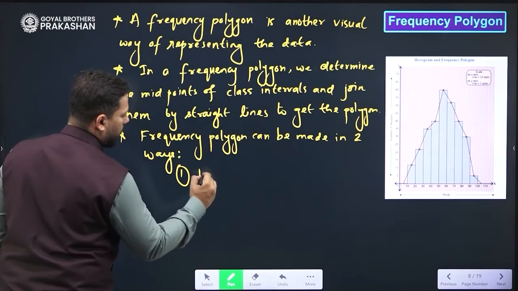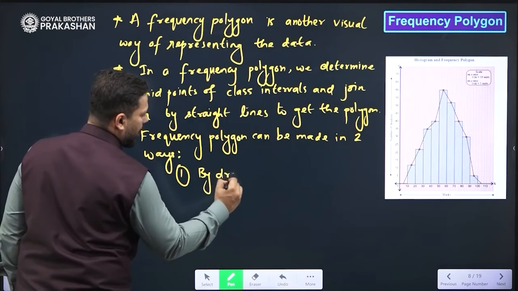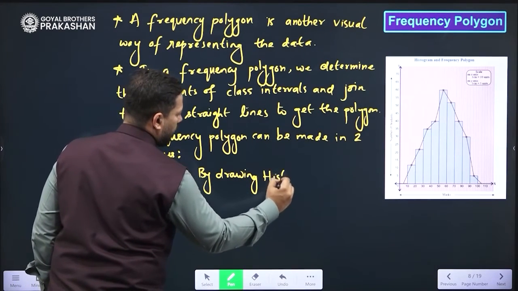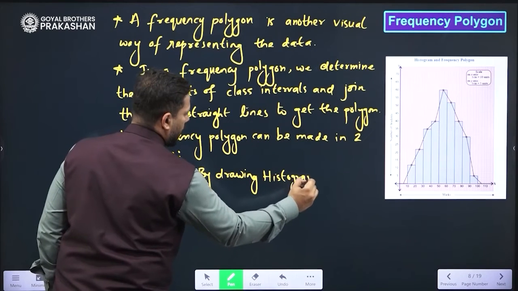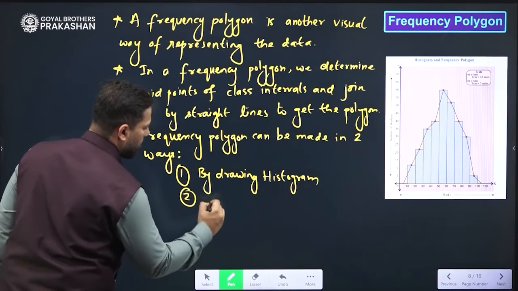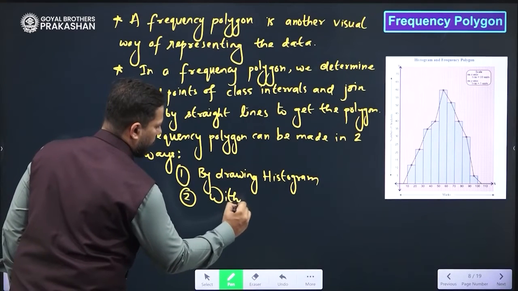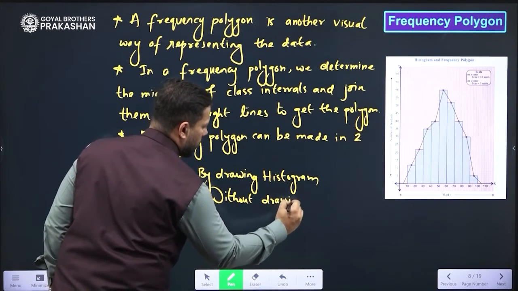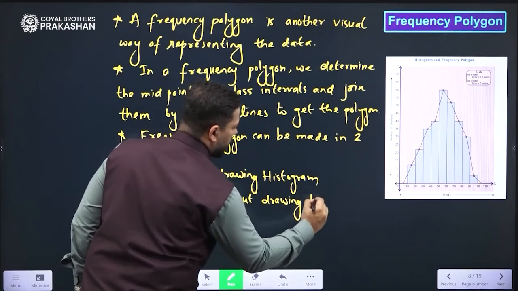First, by drawing the histogram. Second, without drawing a histogram.